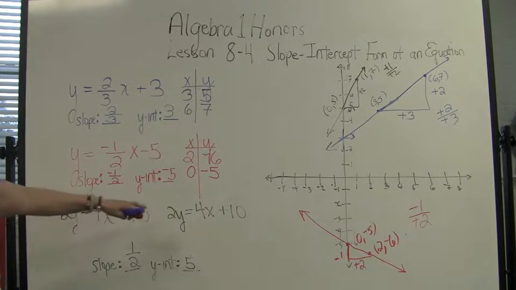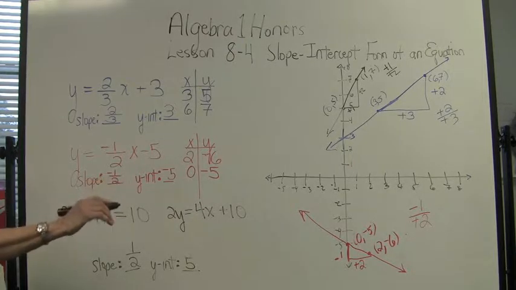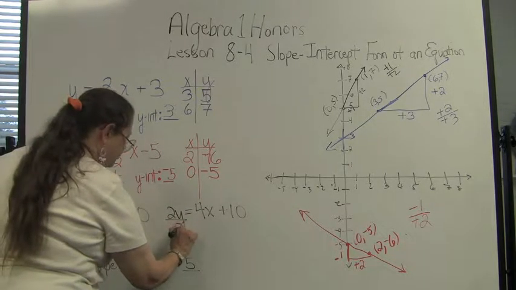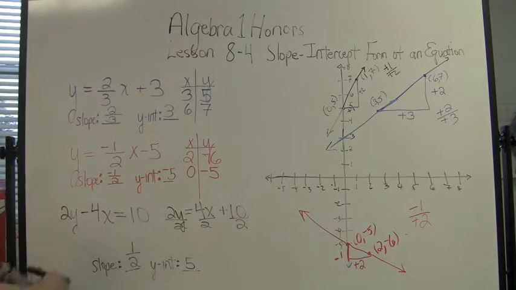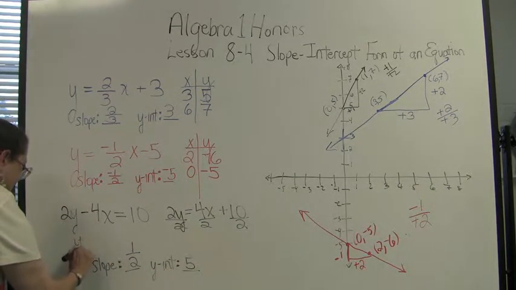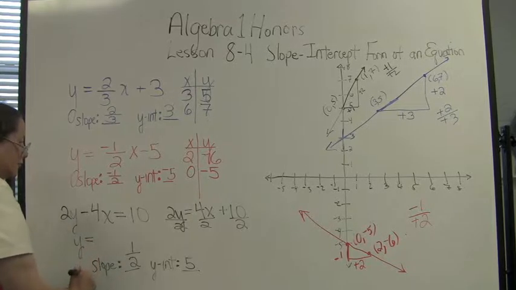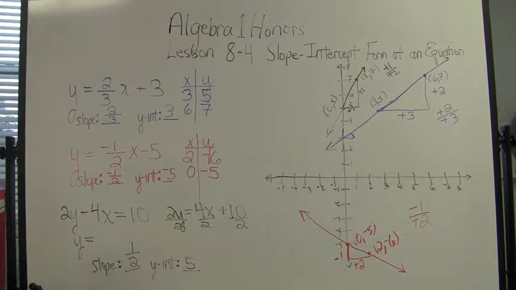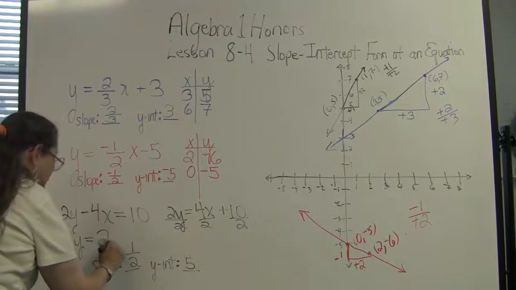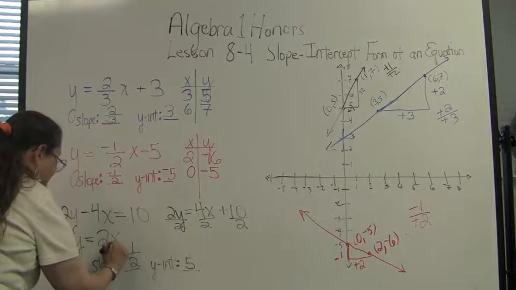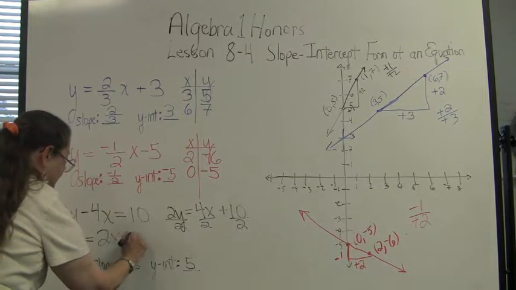And then we need to get 1y, so we divide absolutely everything by 2. 2, 2, 2. And what we end up getting is y equals 2x plus 5.